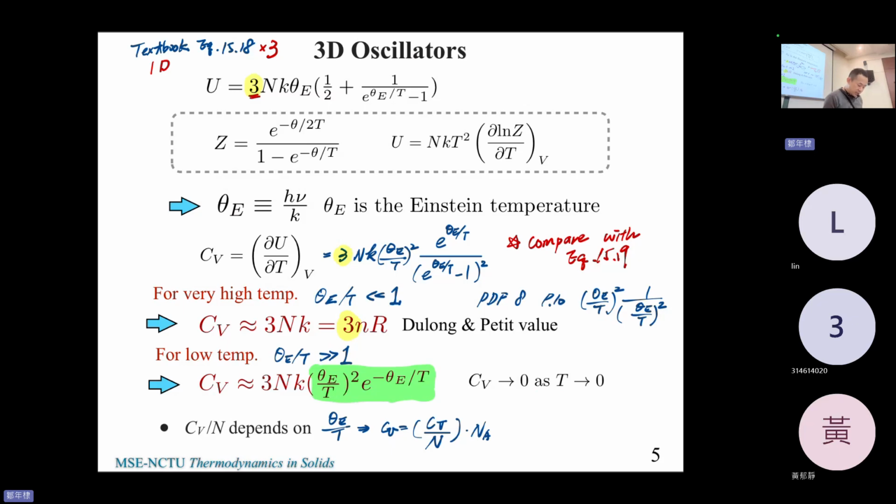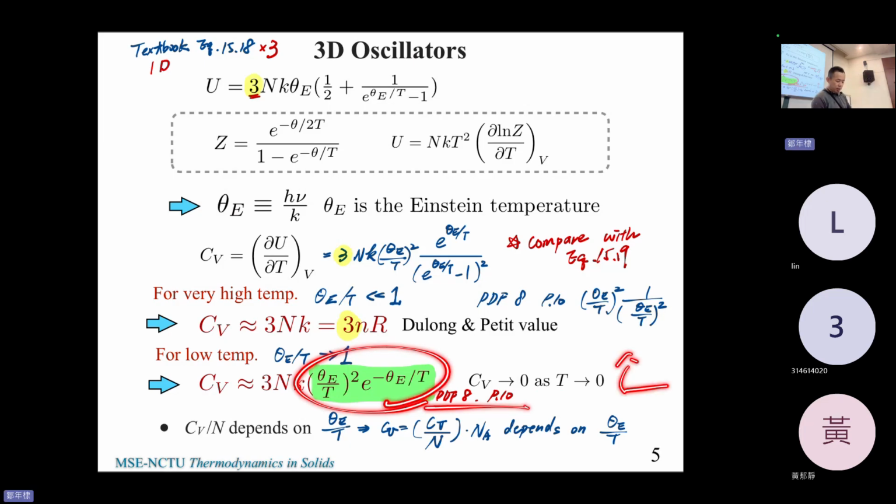So the capital letter divided by N is the small letter cv, which depends on theta E over T. Oh, I forgot to write down here: PDF 8, page 10 is where the green highlighted function curve is.